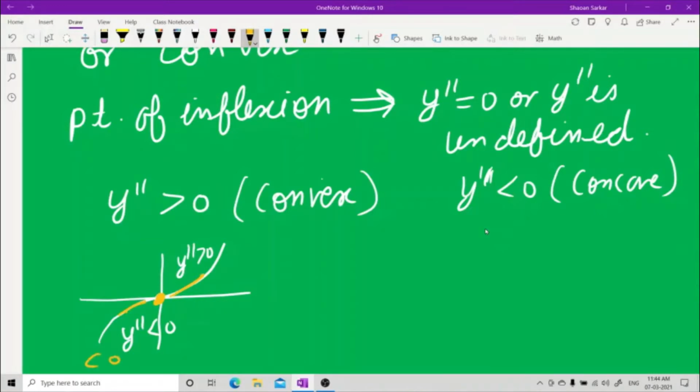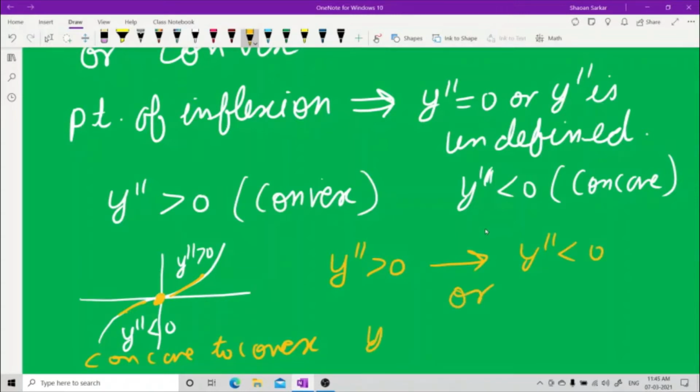Either it should be in this manner, or y double dash greater than 0 should change to y double dash less than 0, or y double dash less than 0 should change to y double dash greater than 0.